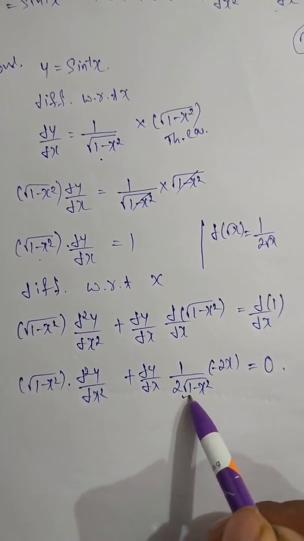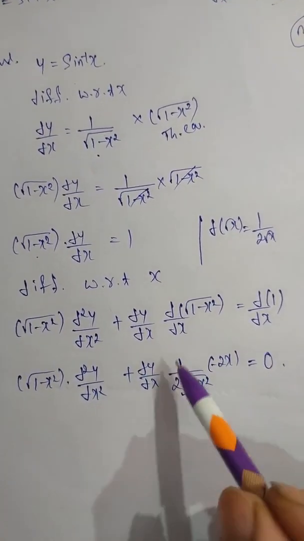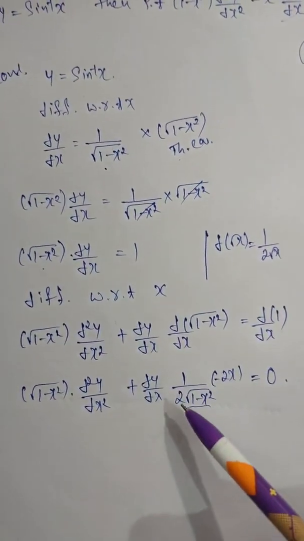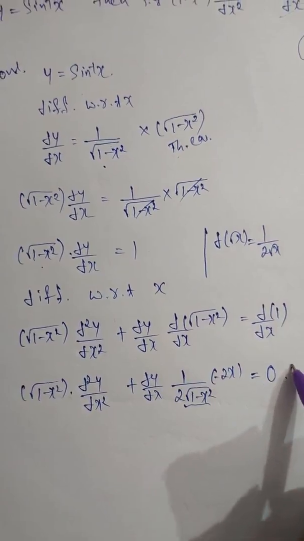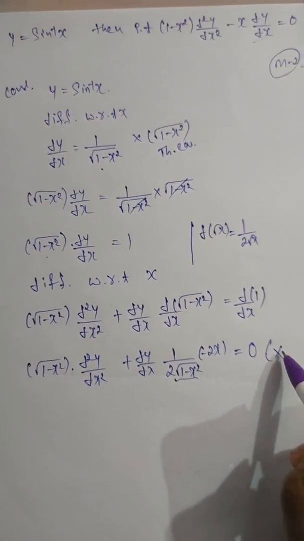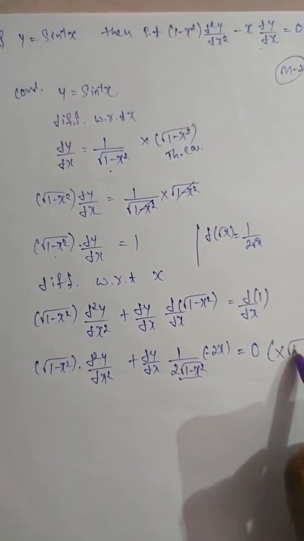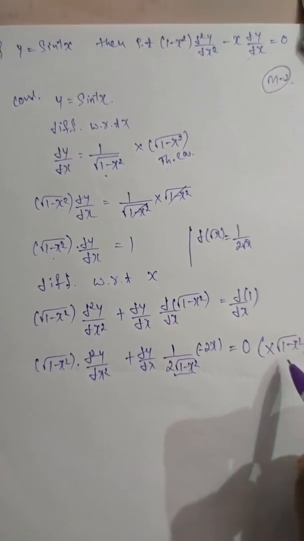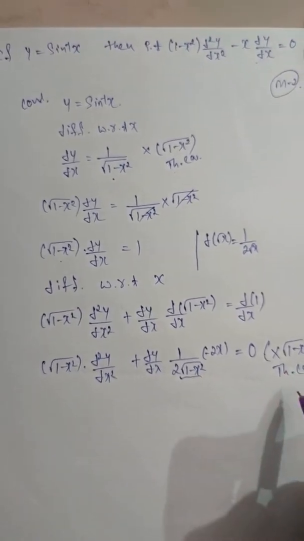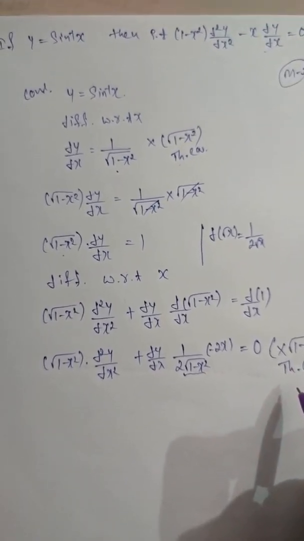We have root of 1 minus x square. The same term that we multiplied in the first step, we have in the denominator. So in this step also, multiply the root of 1 minus x square throughout the equation.